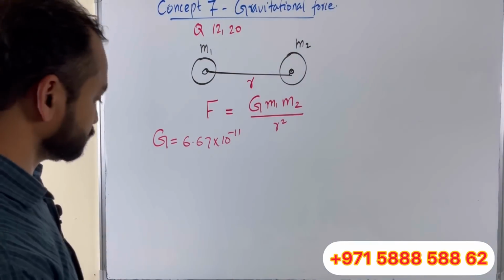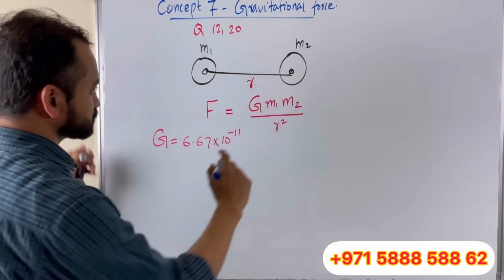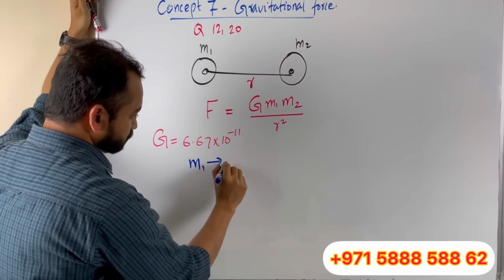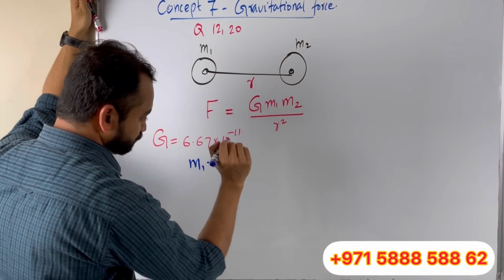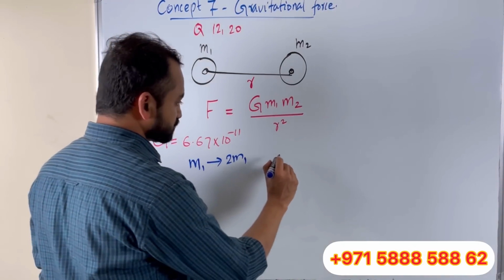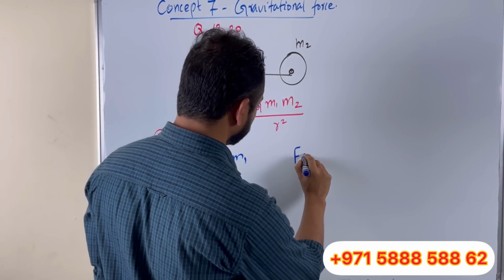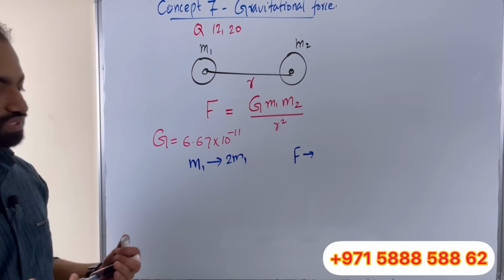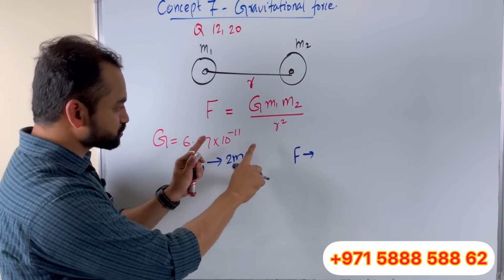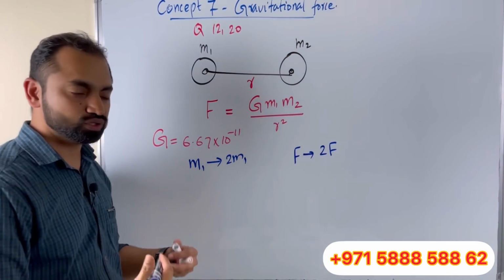Okay, so for example, when one of the masses, m1, is doubled, meaning m1 is made into 2m1, we are not changing m2, only m1. What is the change in the gravitational force? We know that the gravitational force is directly proportional to the mass, so when one mass changes to 2 times, the gravitational force will increase by 2 times.